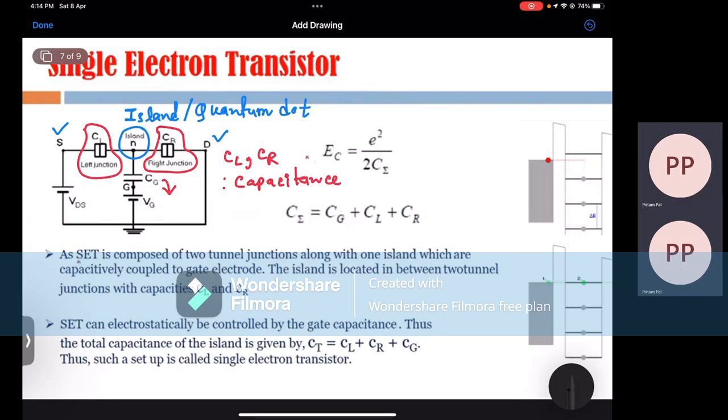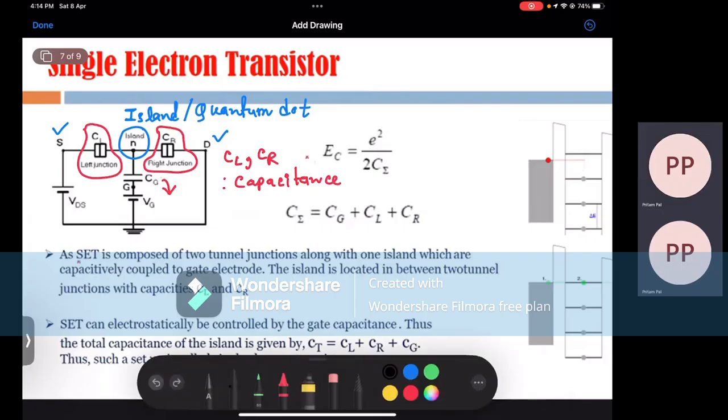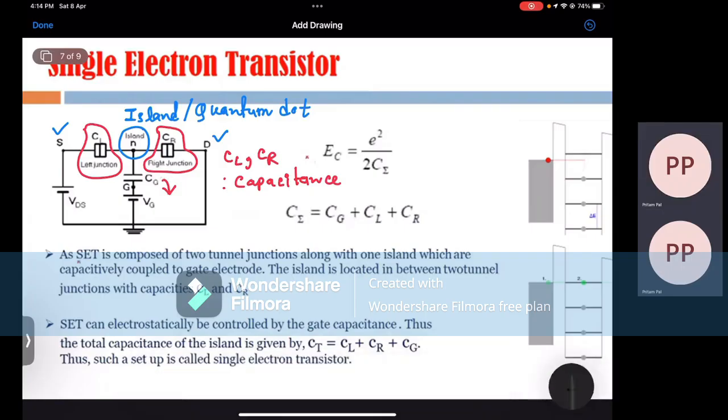This is the gate voltage, as I already mentioned, and this is the gate capacitance. So this island is capacitively coupled to source and drain with the help of the junction capacitances, and the gate is also coupled with the help of this gate capacitance, right?